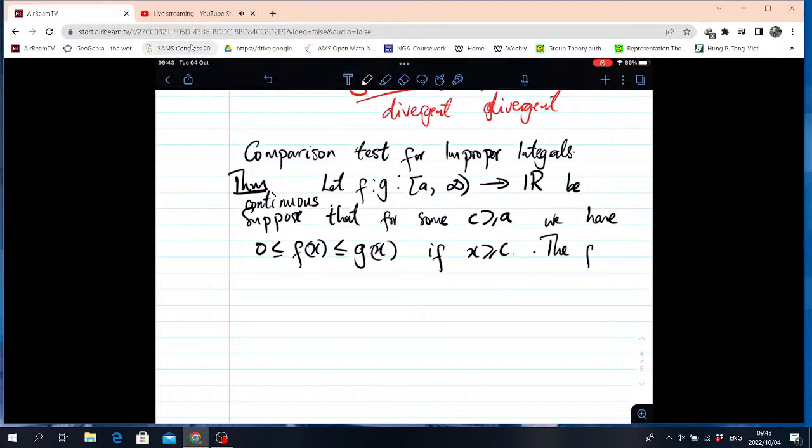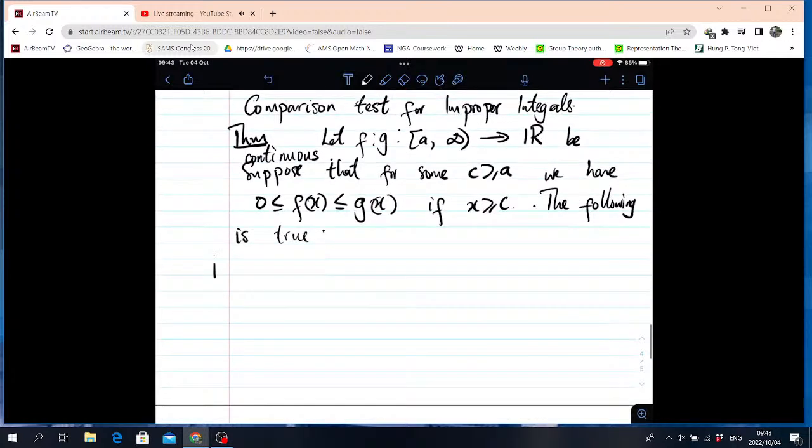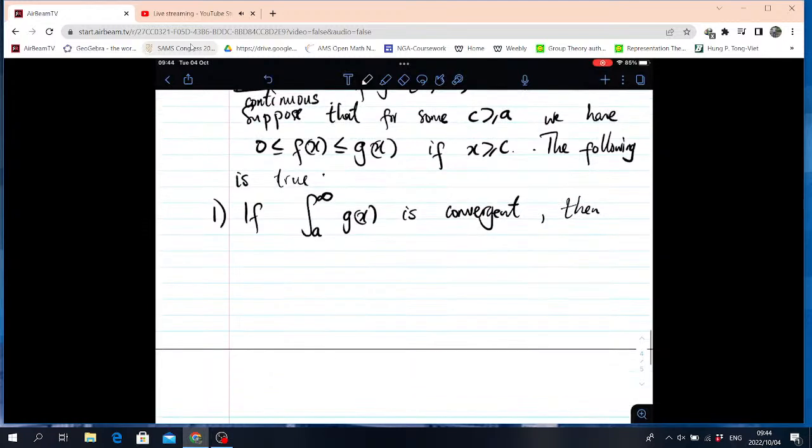If the integral from a to infinity of g of x is convergent, then the integral from a to infinity of f of x is also going to be convergent.